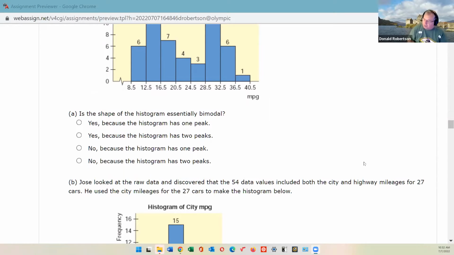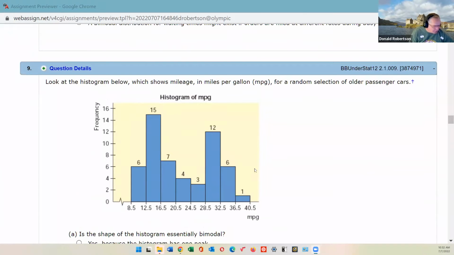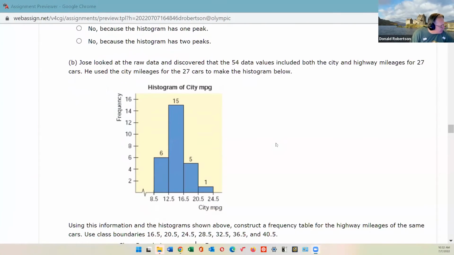And this data had both those numbers in the list. And that's what was causing the bimodal. Essentially there are 2 different sets of data: what my car gets on the motorway, and what my car gets when I'm driving in town. Both numbers were in the data set, so he separated them out.